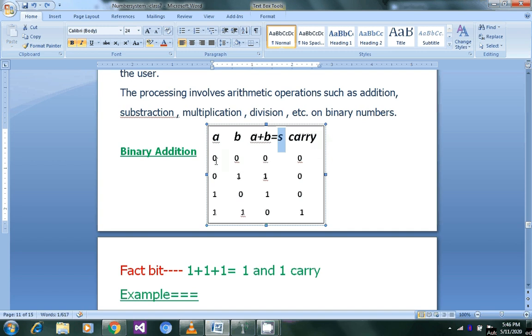So 0 plus 0 gives 0 in binary arithmetic.